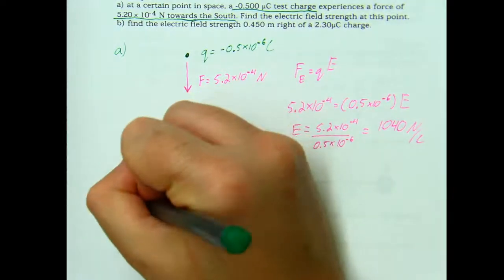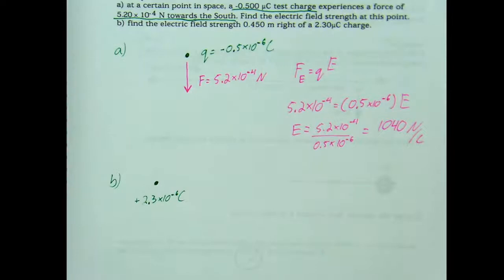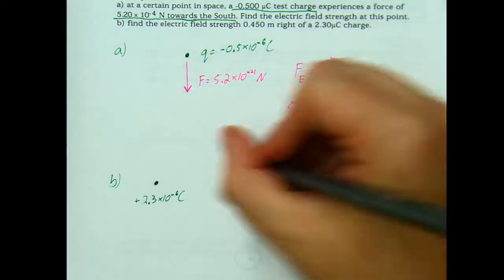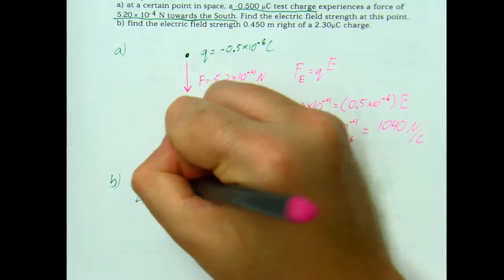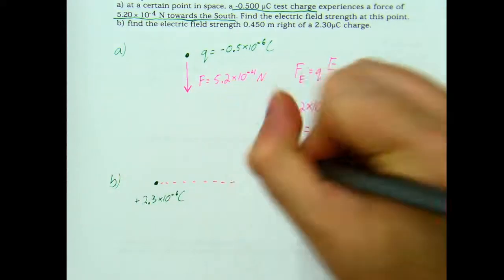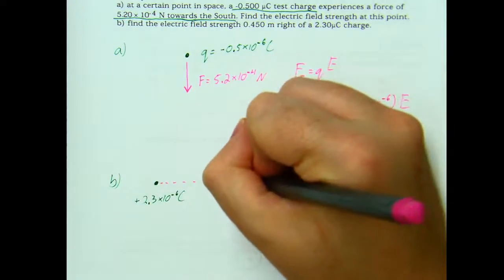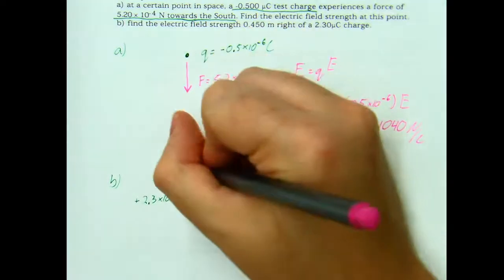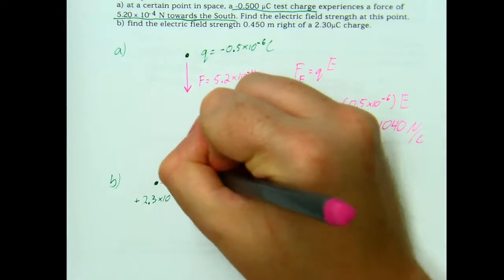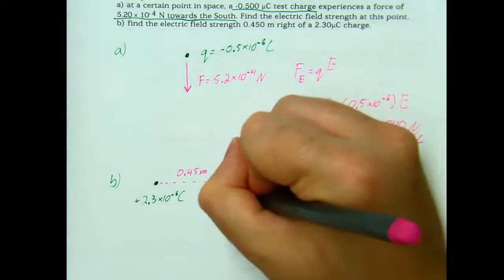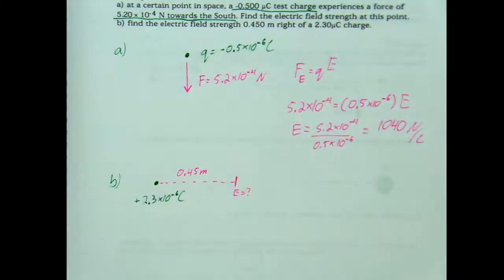We're told that it's positive. And we want to know over here in space, this distance is 0.45 meters. What is the electric field at that point?